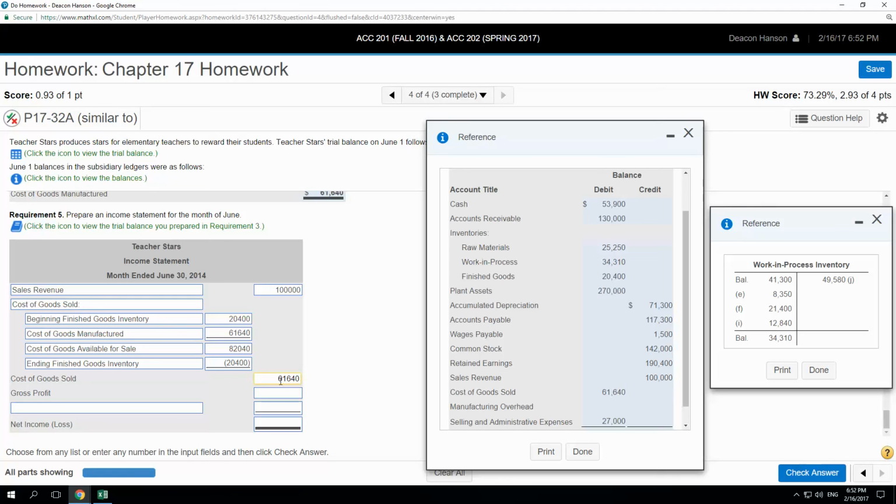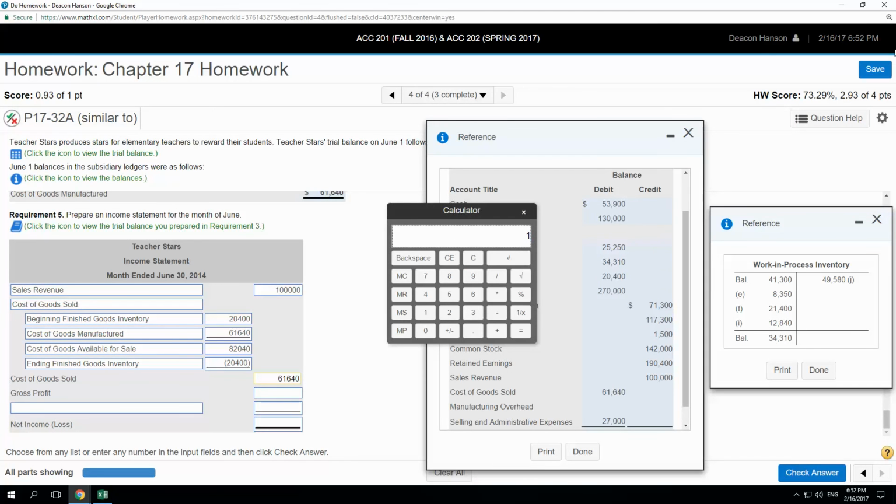If we subtract our cost of goods sold from our revenue, that'll give us our gross profit. So 38,360 gross profit.